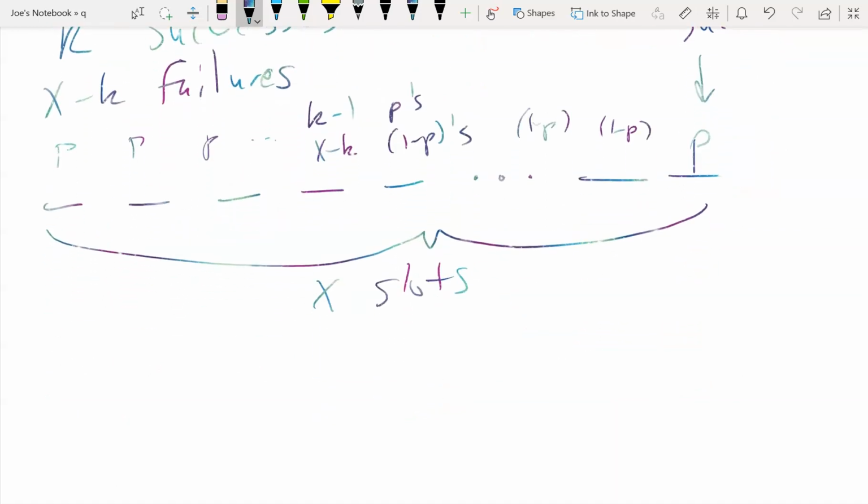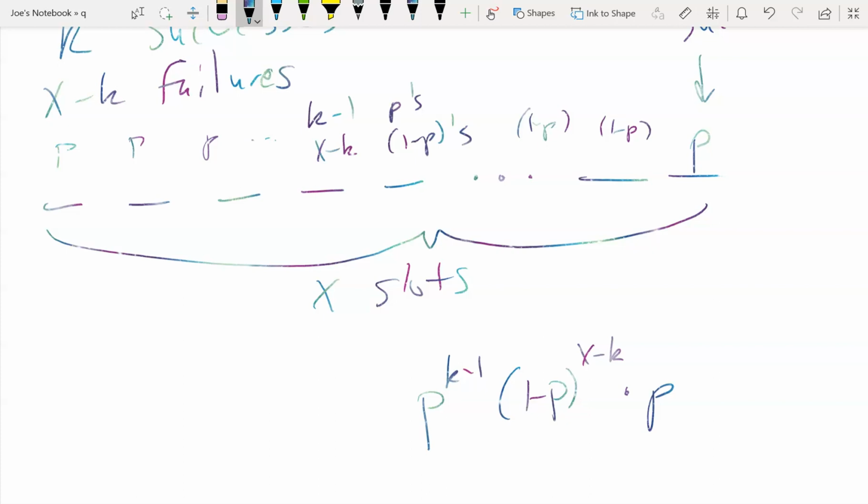So we have to have a p to the k minus 1, a 1 minus p to the x minus k: k minus 1 successes, x minus k failures, times an extra p on the end. Now, the way I've written this, the first k minus 1 are successes, the next x minus k are failures, and then the last one is a success.